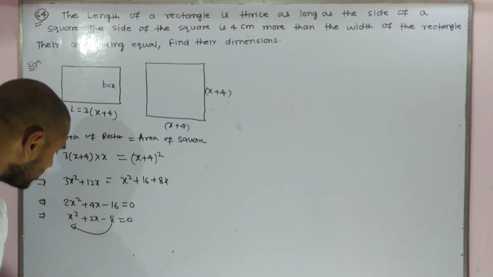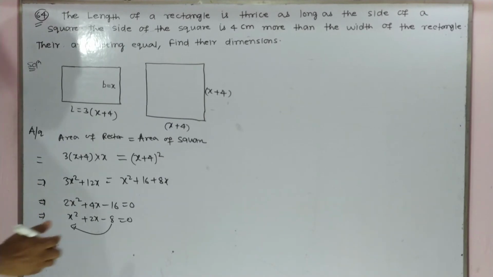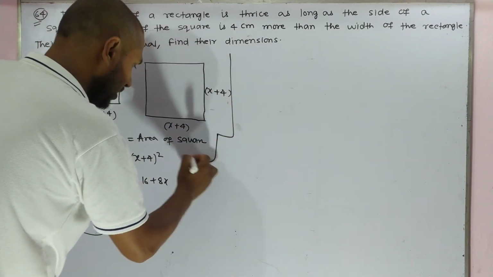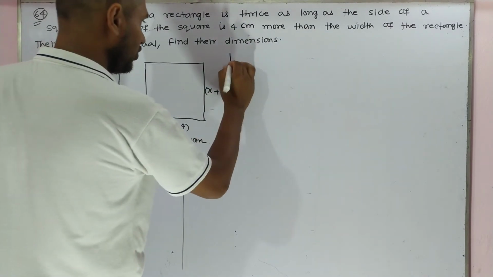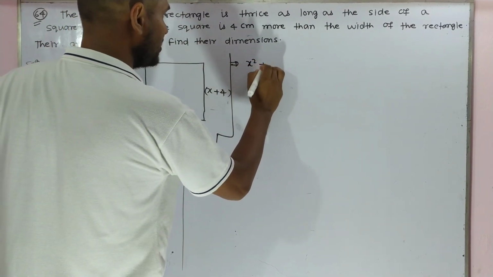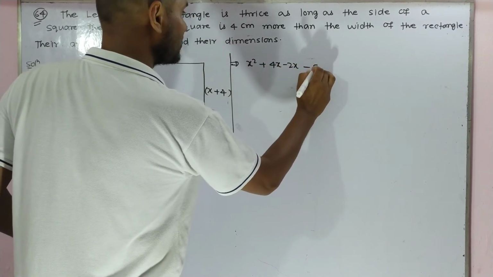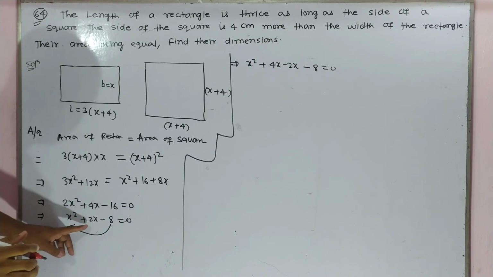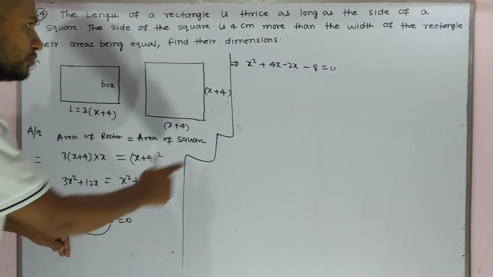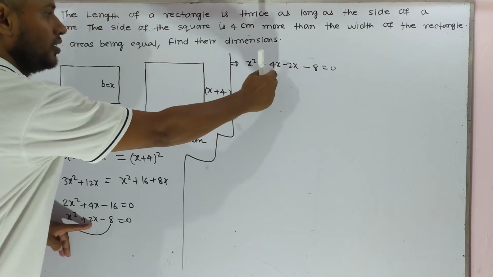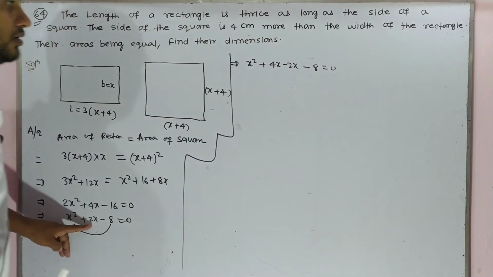We decide to put 4x minus 2x in place of 2x, so you can write x square plus 4x minus 2x minus 8 equal to 0. 4 into 2 is 8. I hope you are able to follow me.